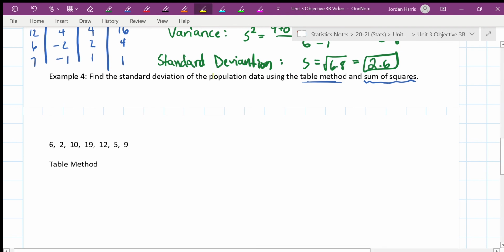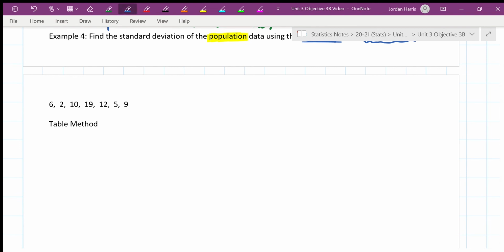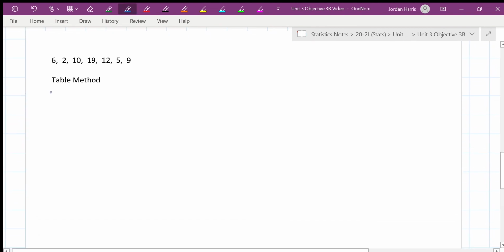Okay, one important thing is right now we're dealing with population data, so you have to pay attention. Which formula are we using, right? So to use the table method, this is why this one is not used as often. Okay, so we have to find the mean. Then we fill out the whole table. So my mean, I add them all up, divide by how many there are. I'm just telling you the answer is 9.